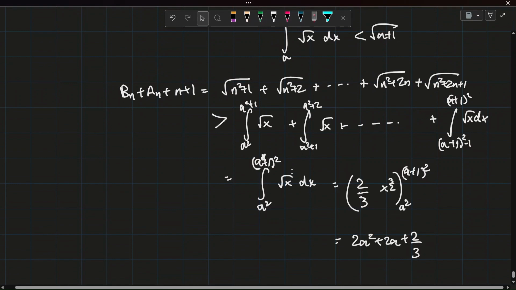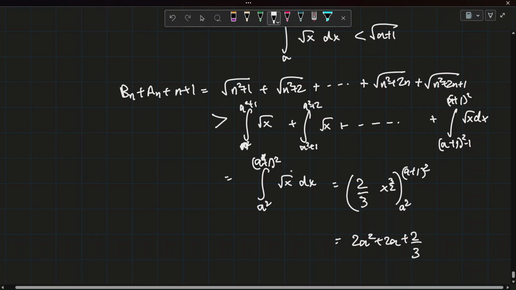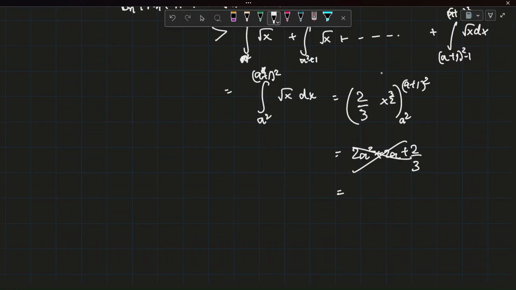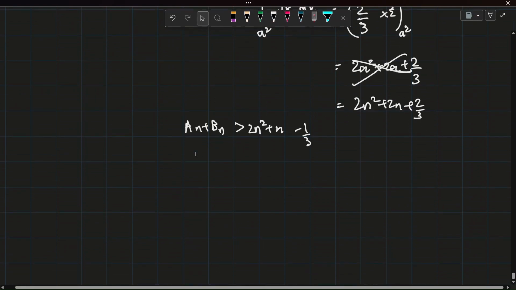Here I replaced a by n. So you conclude that b_n plus a_n plus n plus 1 is greater than 2n squared plus 2n plus 2 by 3, and thus you can conclude that a_n plus b_n is greater than 2n squared plus n minus 1 by 3, by subtracting n plus 1 from both sides.